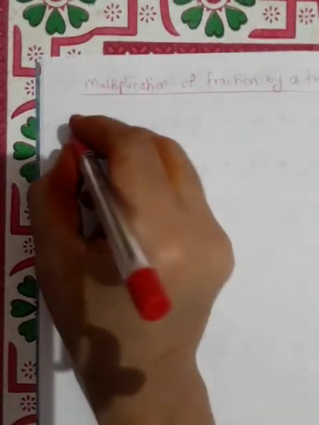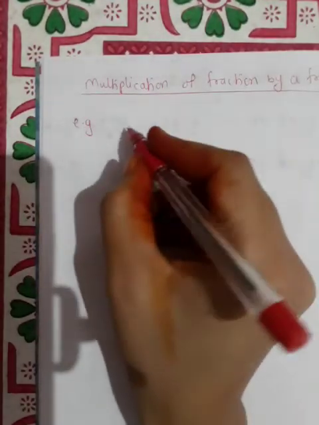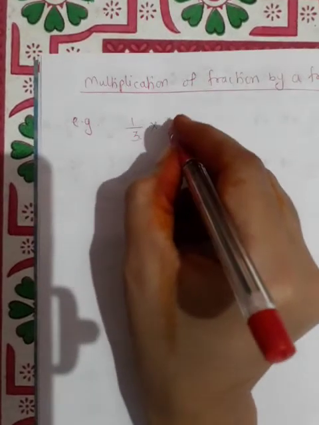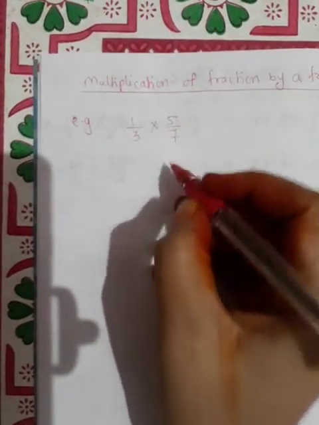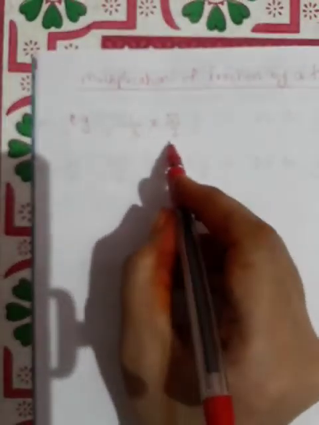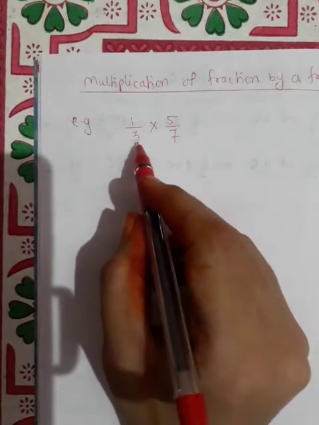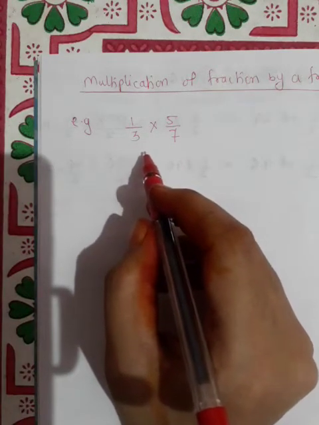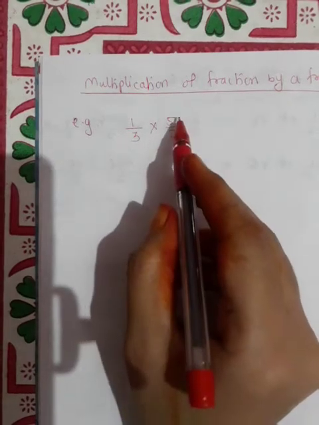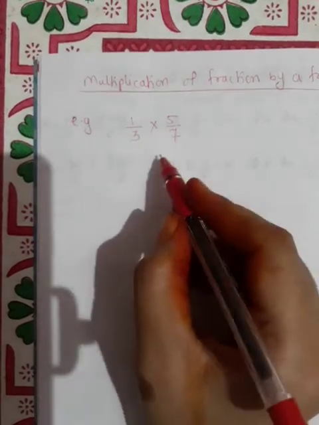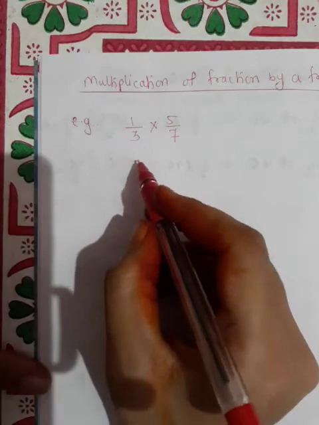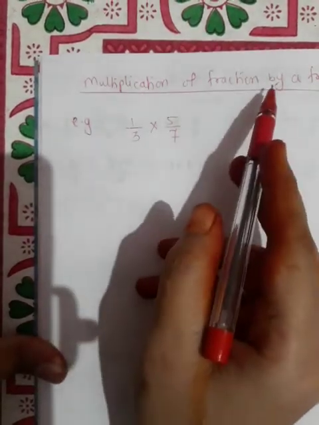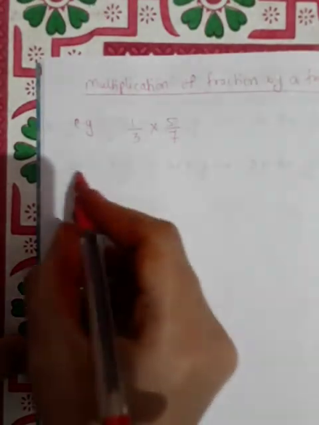We haven't seen this type of example, 1 by 3 into 5 by 7, how to multiply two fractions. We have only seen how to multiply a fraction by a whole number in the previous lecture. So today we will discuss the multiplication of a fraction by a fraction.